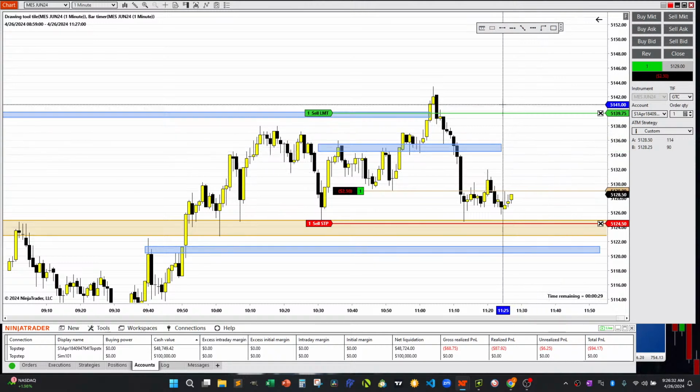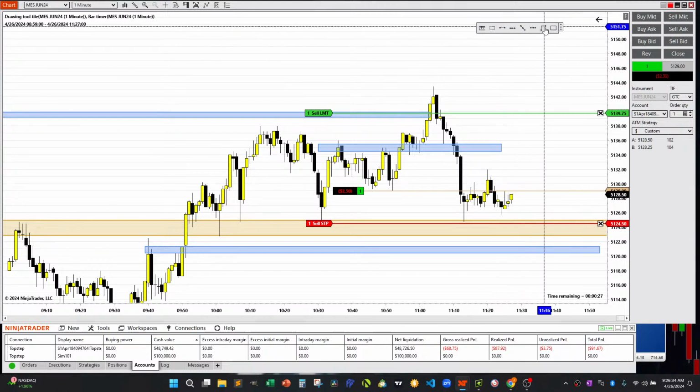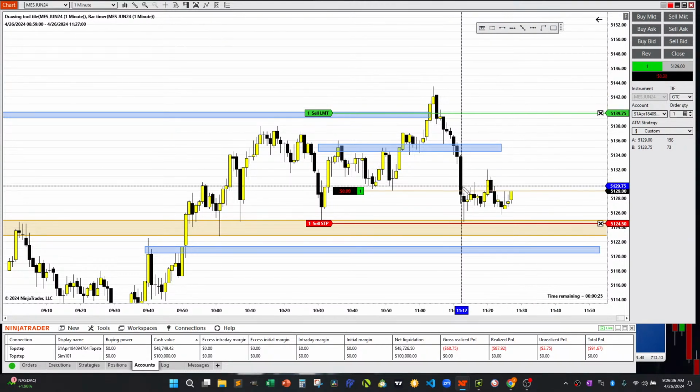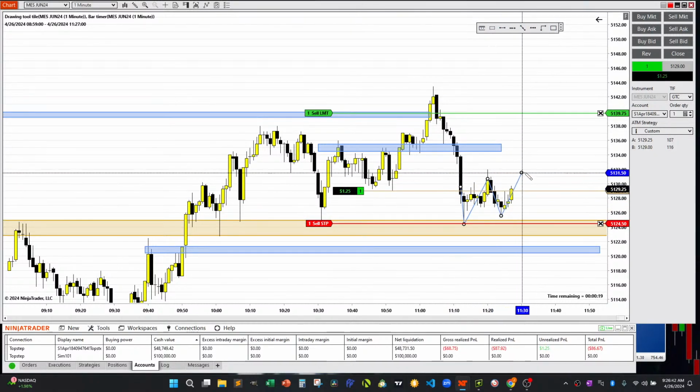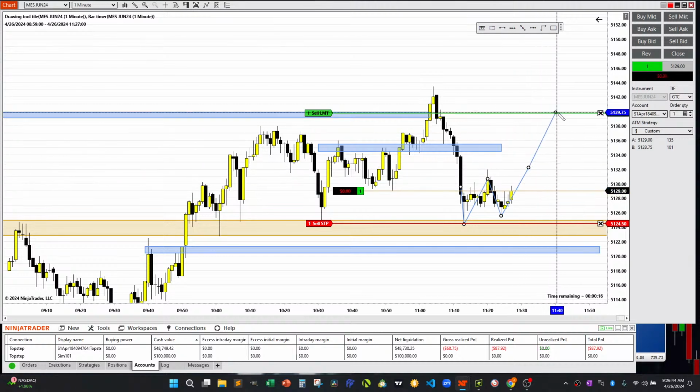Showing as a short-term double bottom. Bottom, top, bottom, top. Let's see if we continue up to the target.